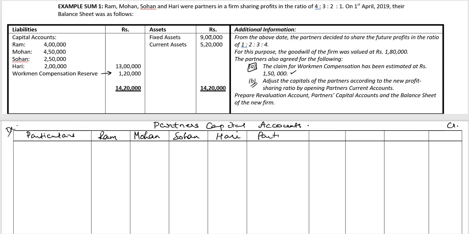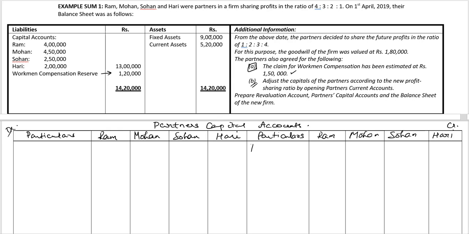Similarly, on the other side, we have a column for particulars, a column for Ram, a column for Mohan, a column for Sohan, and a column for Hari.